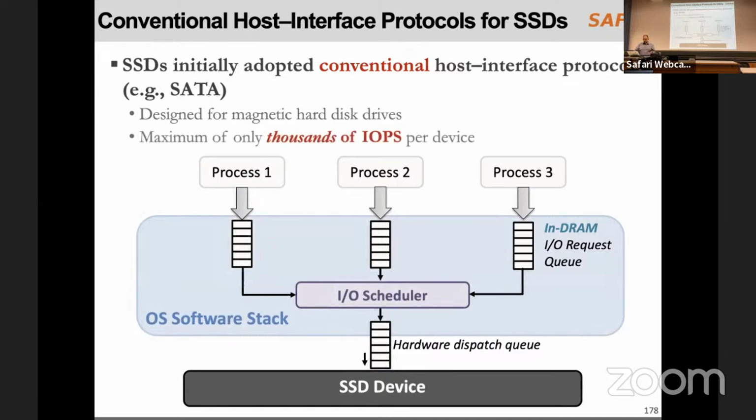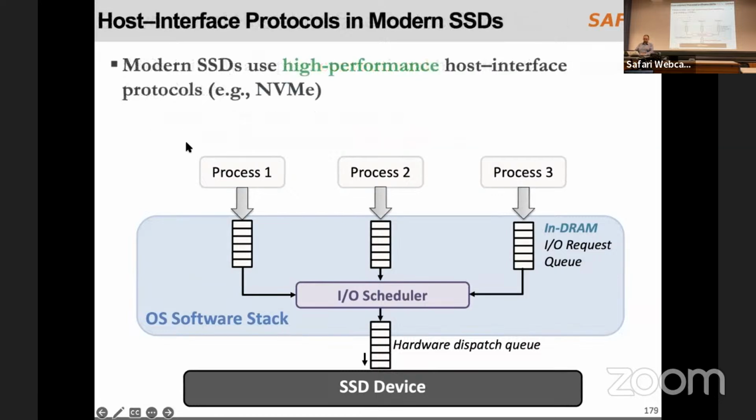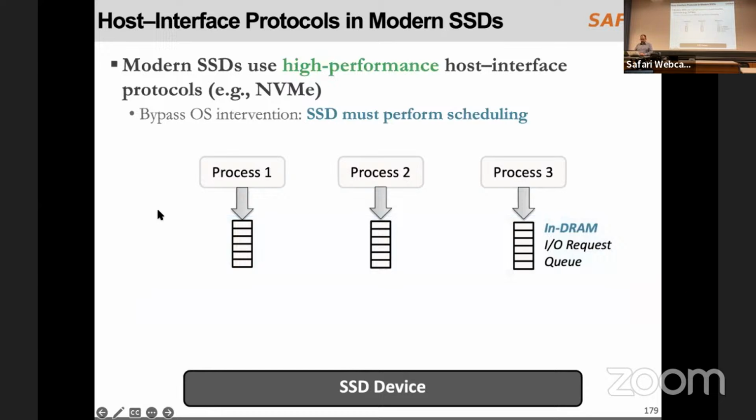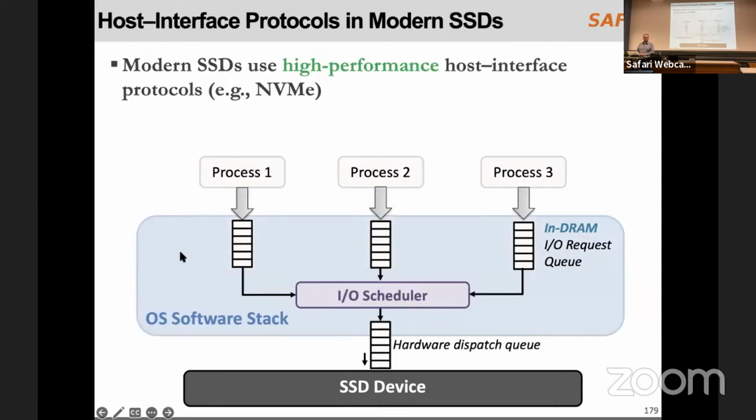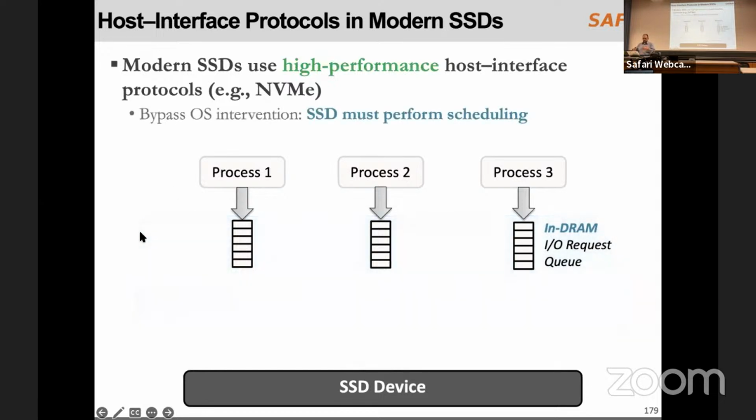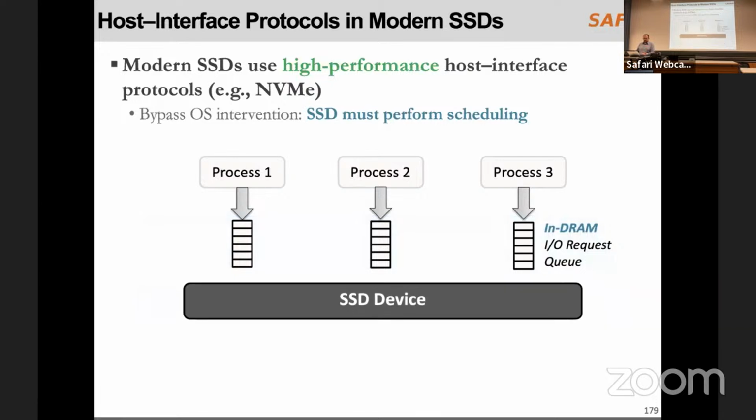But people have realized that this doesn't really work well for SSDs, because SSDs can provide very good throughput, and SATA can limit that throughput. So in order to overcome that, people came up with another protocol, which we call NVMe, a high performance host interface protocol. The way that we handle it is that they remove this OS software stack completely, and they map all these queues directly to the SSD device.